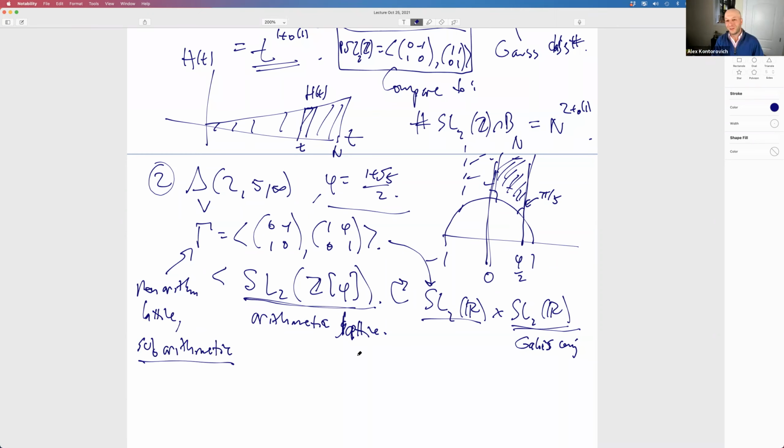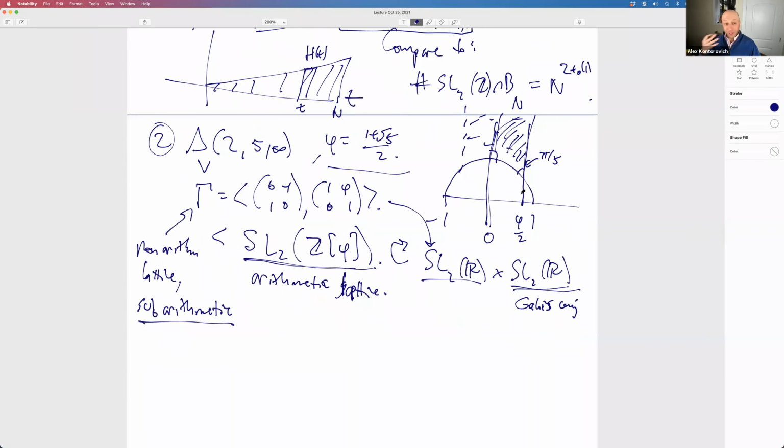There's a whole Teichmuller space in which you can deform these lattices and get something really crazy. But at least we know that the trace set of gamma will be contained in the trace set of this arithmetic group. And the trace set of this arithmetic group, just as before, is the full ring of integers, Z adjoin phi.